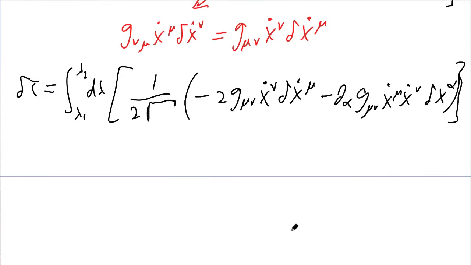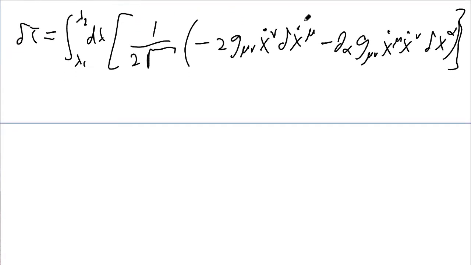All right, the next step is to integrate by parts to remove the dot from this delta x. So we have the integral from lambda 1 to lambda 2 of d lambda. In this first term, we have a 2 that cancels the 2. There will also be a minus sign from the integration by parts that cancels this minus sign.